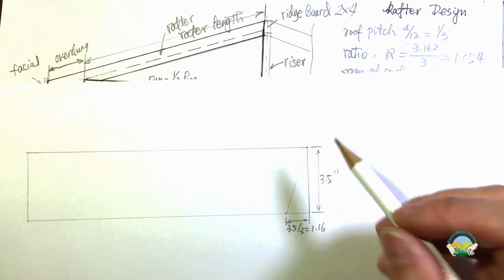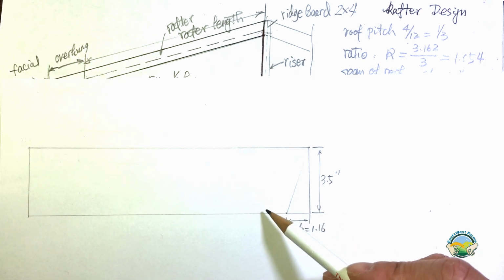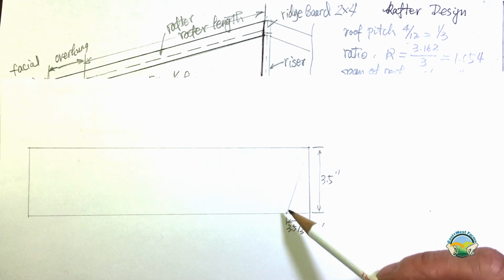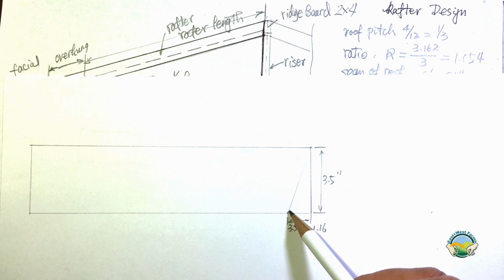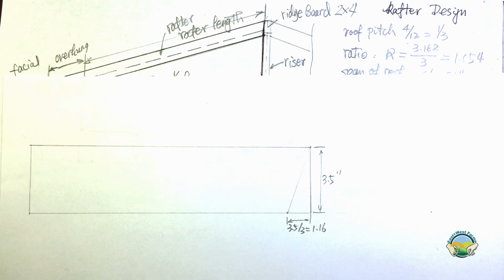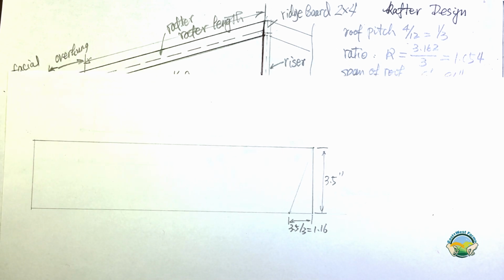The problem with that is, because you have the rounded edge on the 2x4, you may not find that point easily. The second thing is 1.16 is also not a very good number to work with, especially when you're working with fractions.